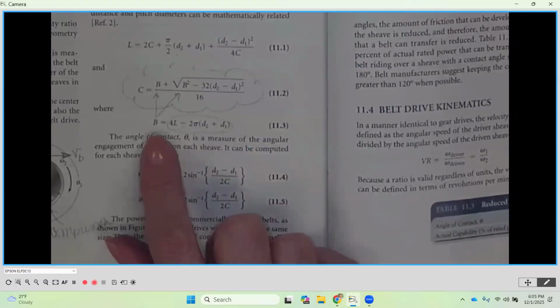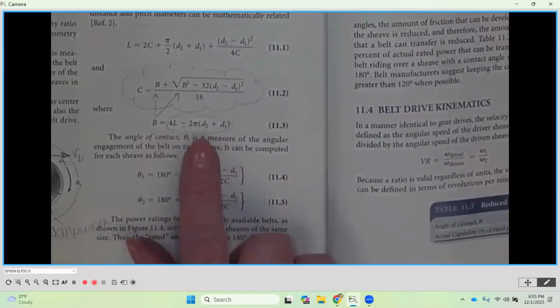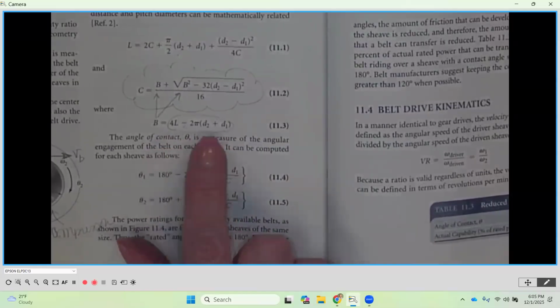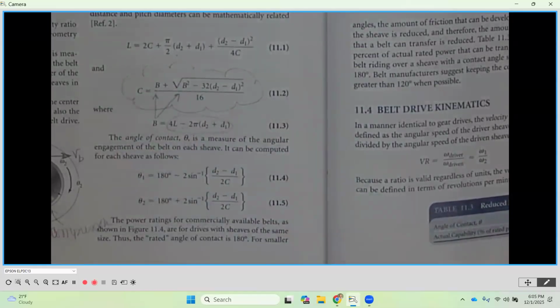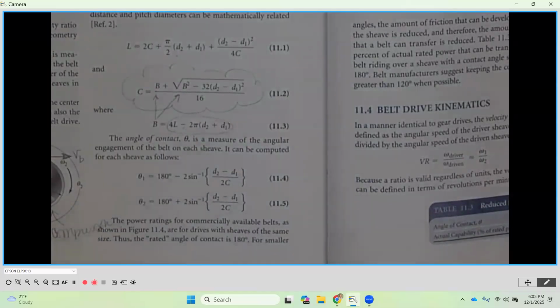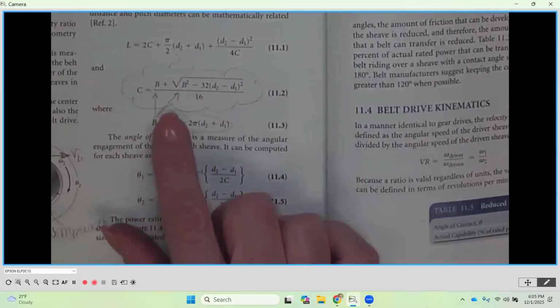You're first going to calculate B, which is just a generic variable that uses the length and the two pitch diameters. Once we have that value, we're going to plug it in for each of the B values up here to determine the actual center distance, okay? So nothing super complicated, but you just got to plug those in. So center distance then will be determined.